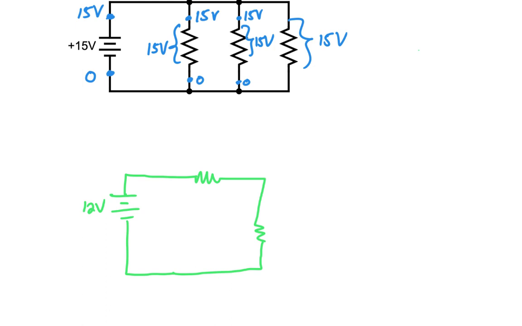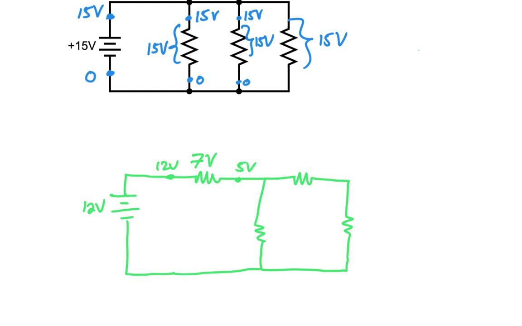Then we'll put a resistor here and a resistor here, and then just a wire there. Let's say that I know that this right here has a 7-volt electric potential difference across it. So I know the electric potential right here must be 12 volts, and the electric potential here must be 5 volts.